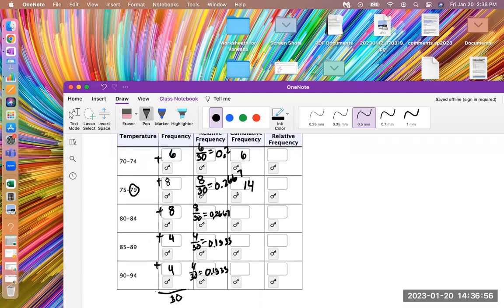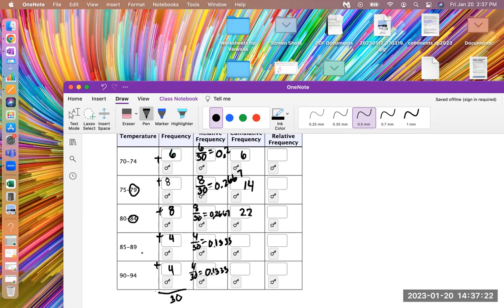Then for this row, how many values were less than 84? It's these 8 from this row that are between 80 and 84, and then all of the rows below it. So you could add 6 plus 8 plus 8, or you could take the cumulative frequency from the previous row, which was 14, and add 8, which gets you 22.